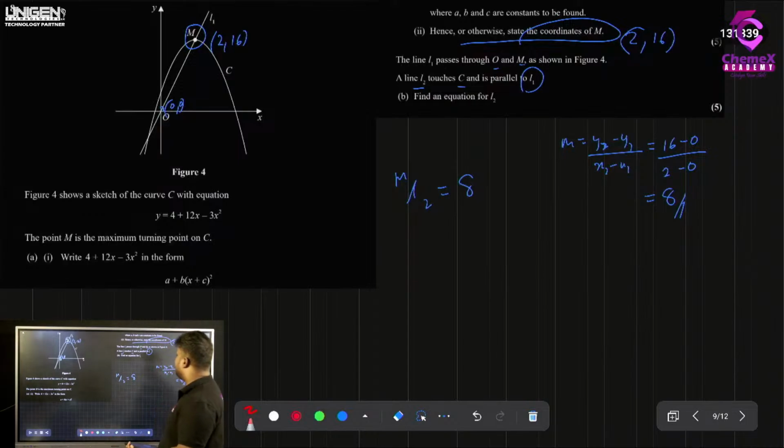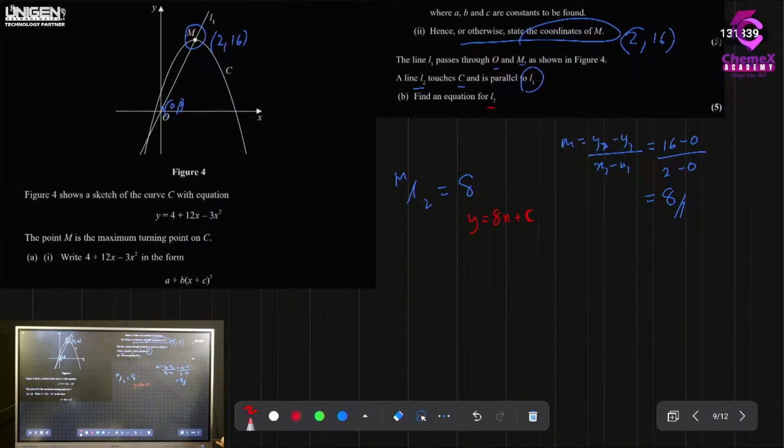Then L2 has gradient 8, and they say line L2 touches C and is parallel. What is C? What do you mean by C? Any idea? So we know that L2 should have equation y equals 8x plus, we don't know the constant. I can write C or K or whatever.